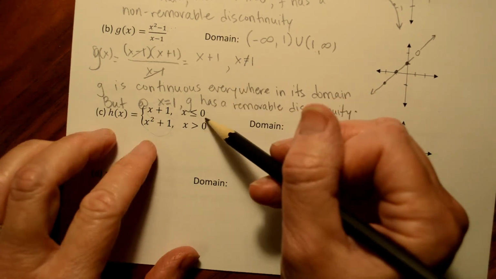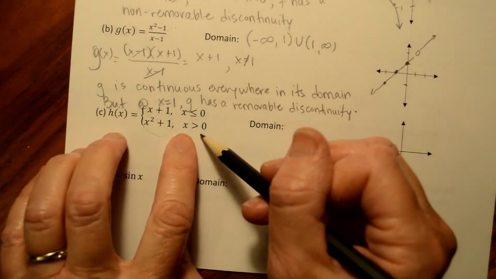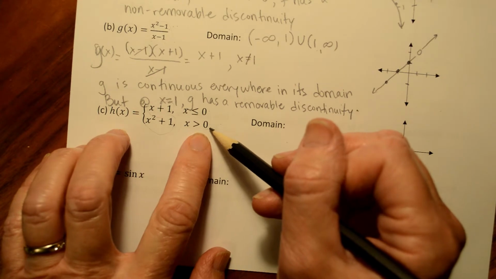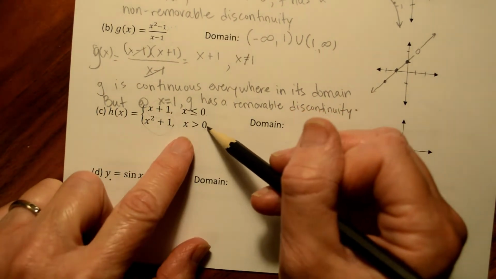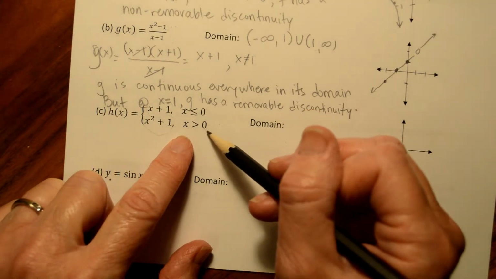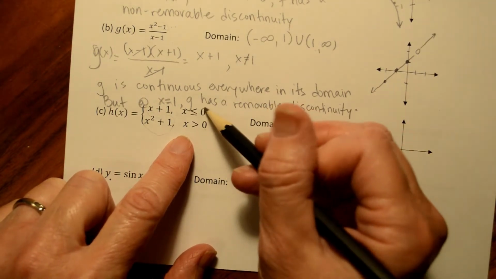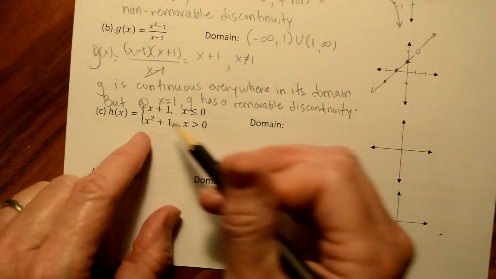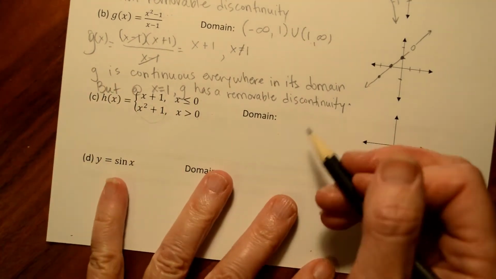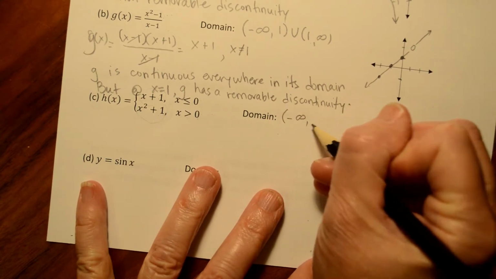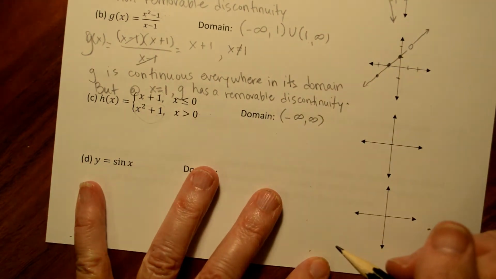It's not like we said let x be less than or equal to 0 and x be greater than 1, where it completely skips a whole set of values right there. It skips over 0 to 1 if we had said that. It's not like it's doing that. It's defined everywhere, and both of these pieces are continuous everywhere. There's no problem with either of these. So we're going to say domain negative infinity to infinity.